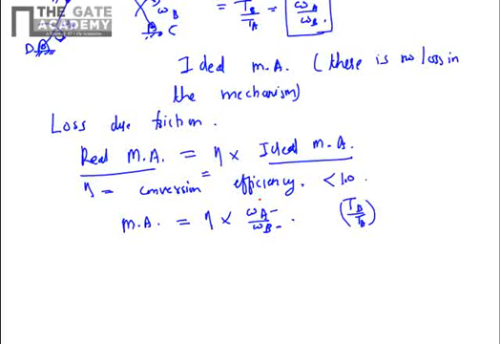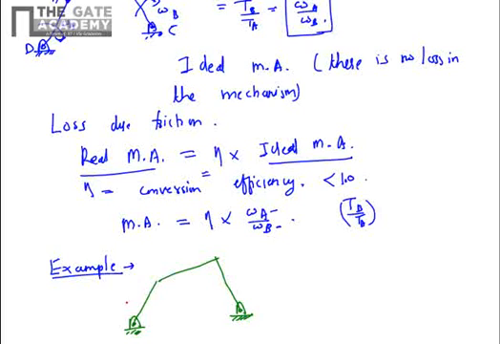So we'll consider some questions based on the concept of mechanical advantage, because at least 1 or 2 questions you'll get in GATE from this topic. This is a 4-bar chain that is given in the problem.